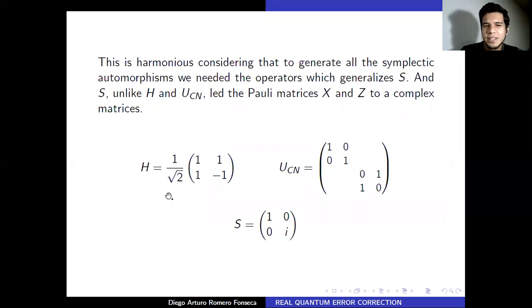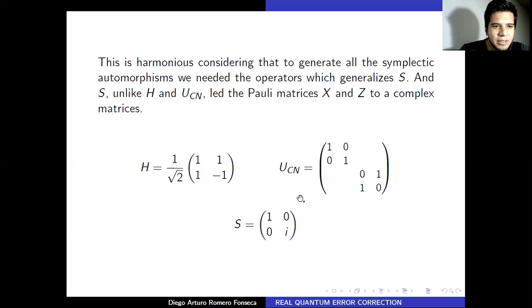So at this moment, in the real context, everything is behaving very well, because precisely the Clifford operator that we no longer need is the generalization of the phase gate, the S gate, which is actually a complex matrix. The Hadamard gate and the controlled-NOT are real matrices.